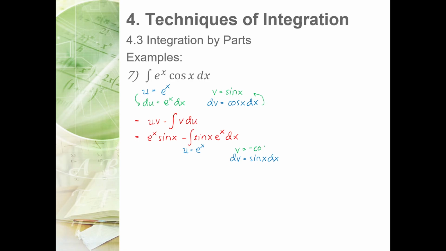For me, it's okay to have negative cosine as my v so that I can have a positive value later. Then my du here is e to the power of x dx.